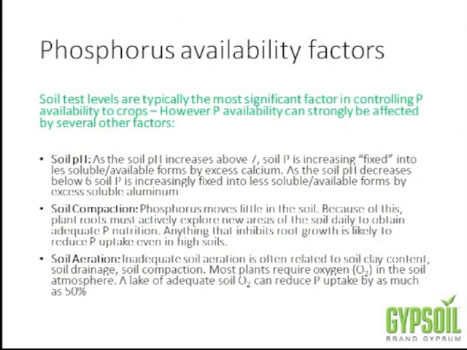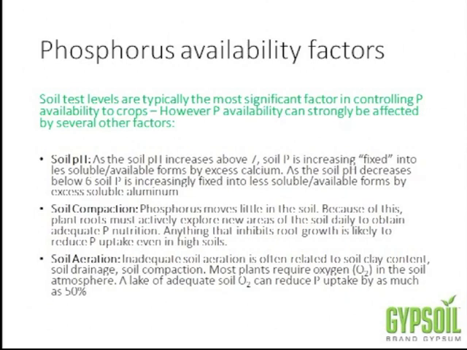Under the phosphorus test, there are a lot of things that we can affect with phosphorus by the application of gypsum as well. Number one is soil pH. Now, you're not going to change soil pH with gypsum, but if we can supply available calcium, we keep that phosphorus more available when we have more neutral pHs.